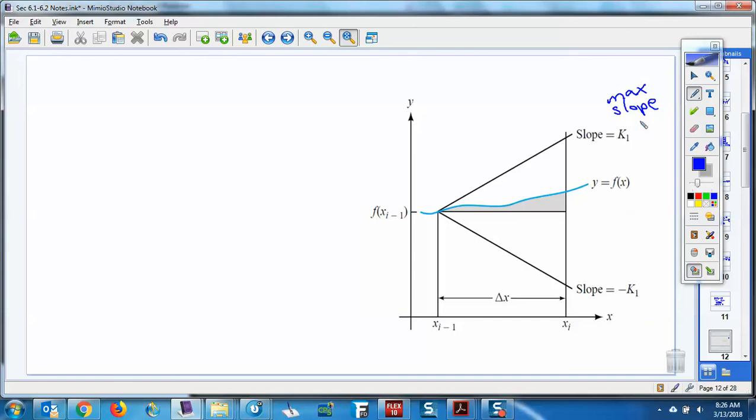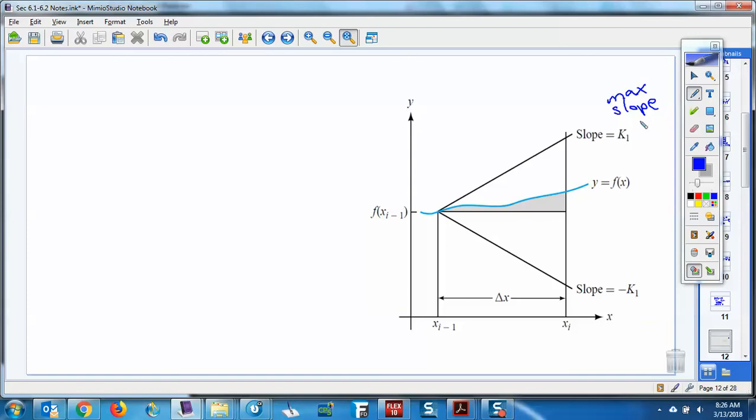We'll get to how we do that in a little bit. But once we find the max slope, we're going to pretend that the function has that slope the whole time. Maybe right here it got the steepest, whatever, but somewhere in there, we pretend it had that slope the whole time. Wouldn't that be the worst case scenario?